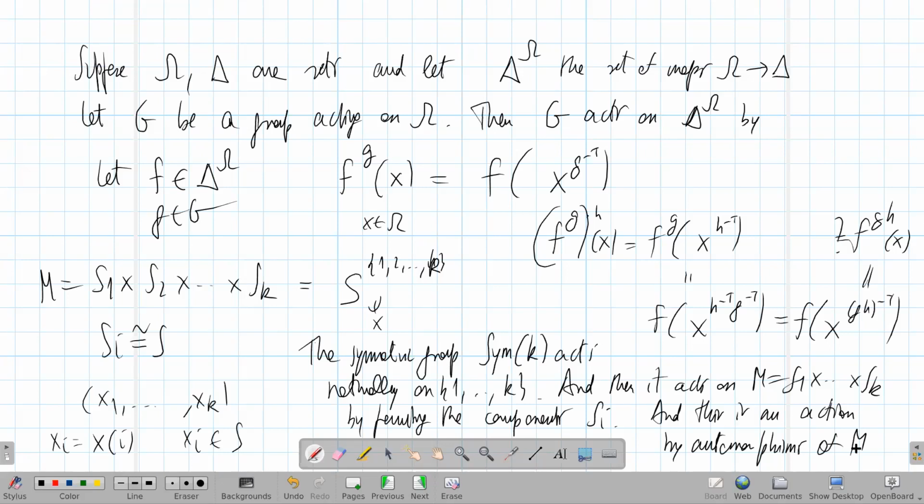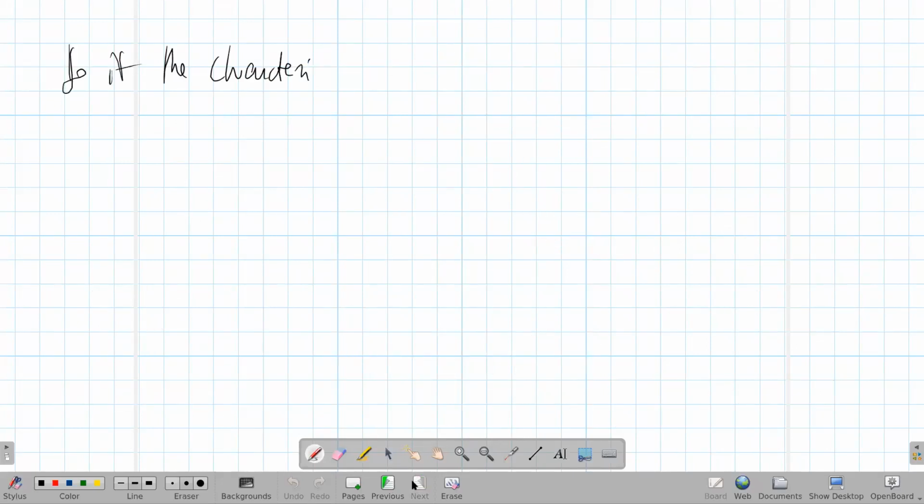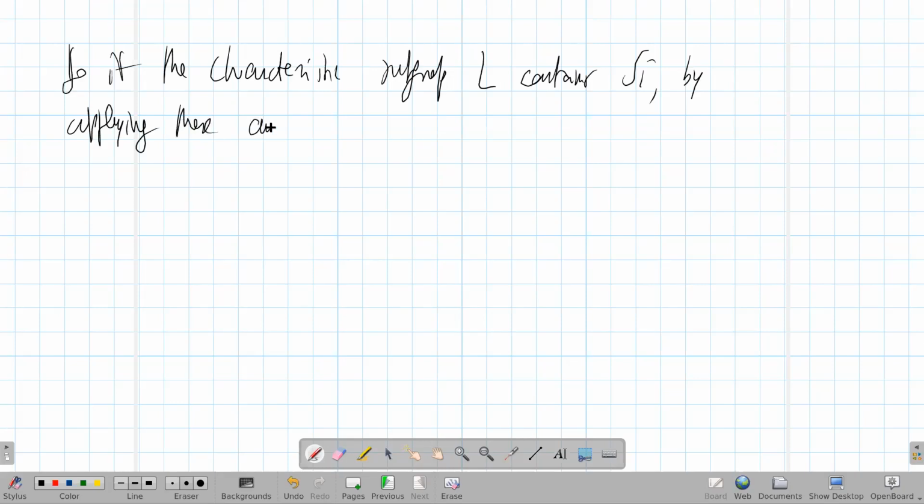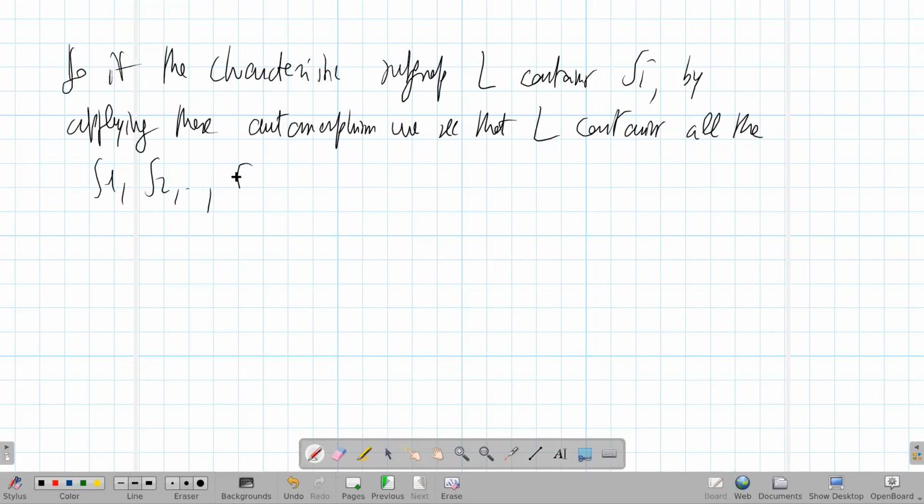This action permutes the xi among themselves. And so if the characteristic subgroup L contains the component Si, by applying these automorphisms we see that L contains all of S1, S2, ..., Sk, because these automorphisms permute the components.